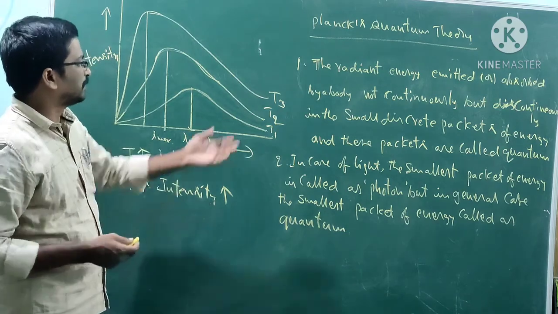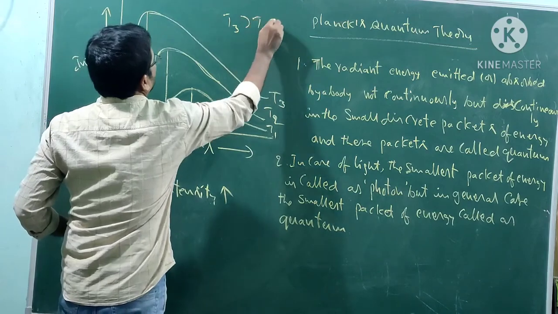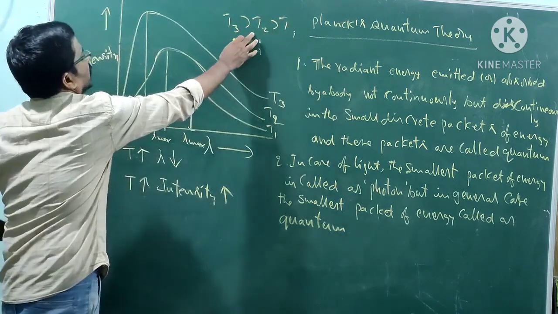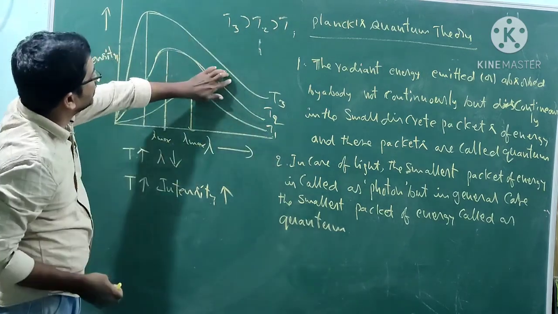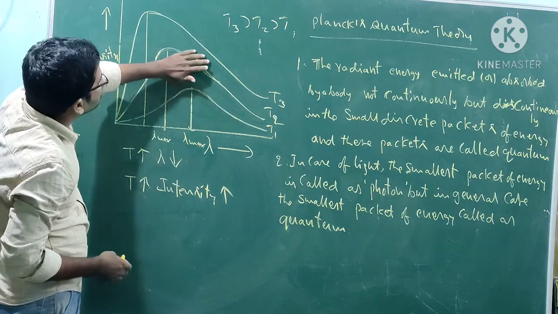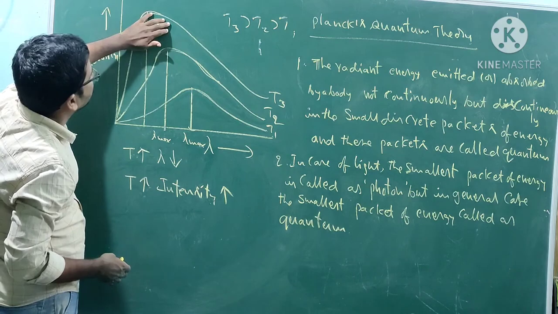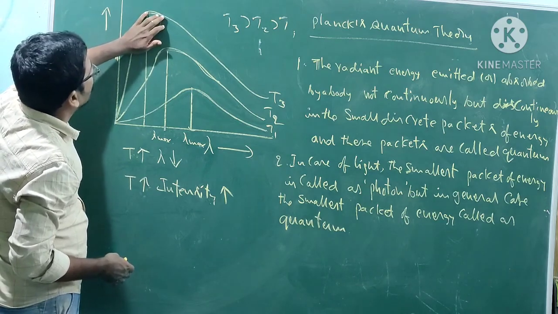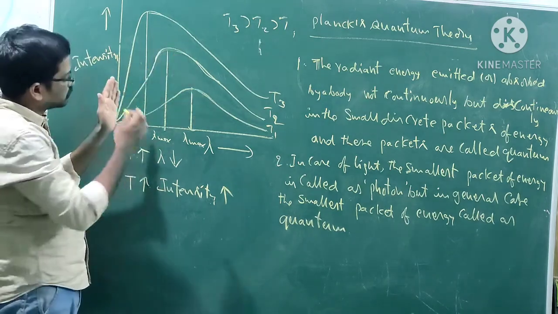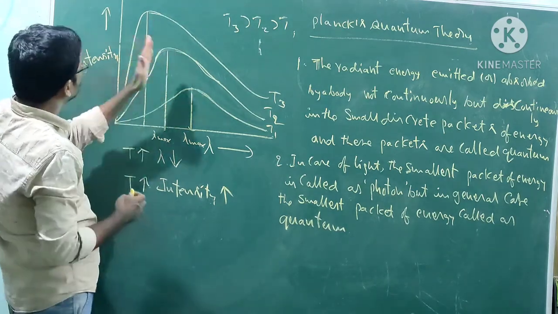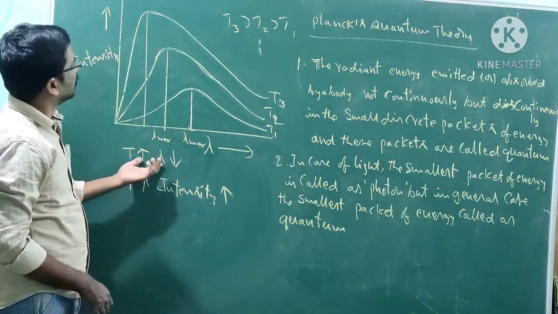If you take another, very high temperature, T3 is greater than T2, which is greater than T1. Then also the intensity of the radiation increases and then decreases, and lambda maximum moves to the left hand side.